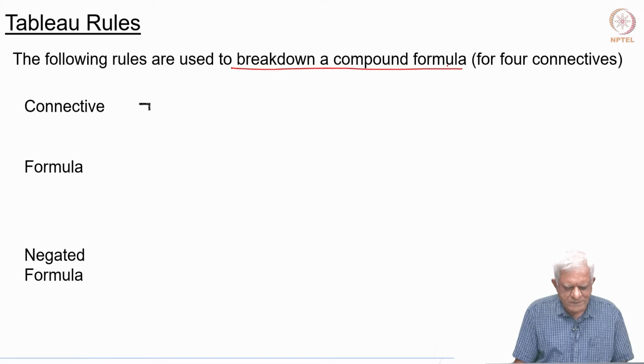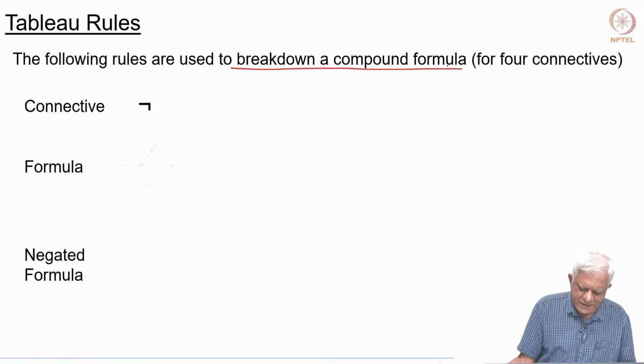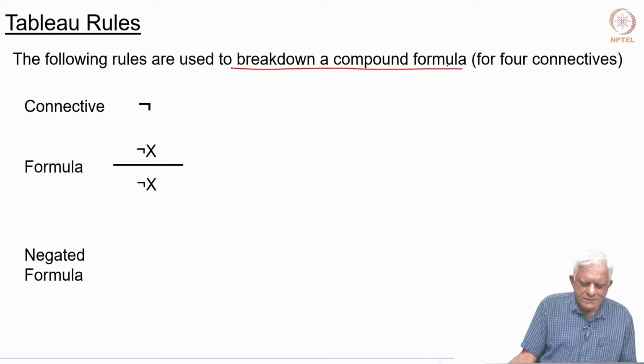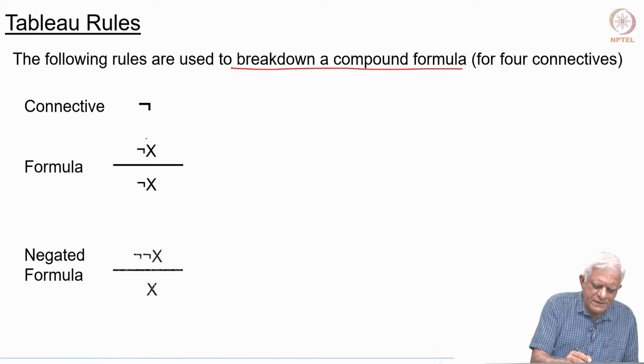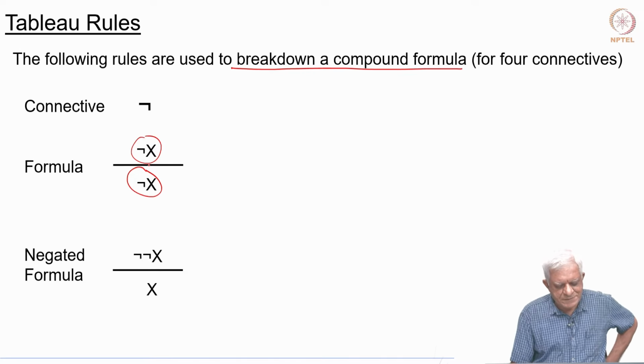So, let us start with the negation, which is the simplest connective. If you have not of x and x is a proposition, that means there are no more connectives inside, then there is nothing you can do, that is a literal. So, you will leave it like that essentially.